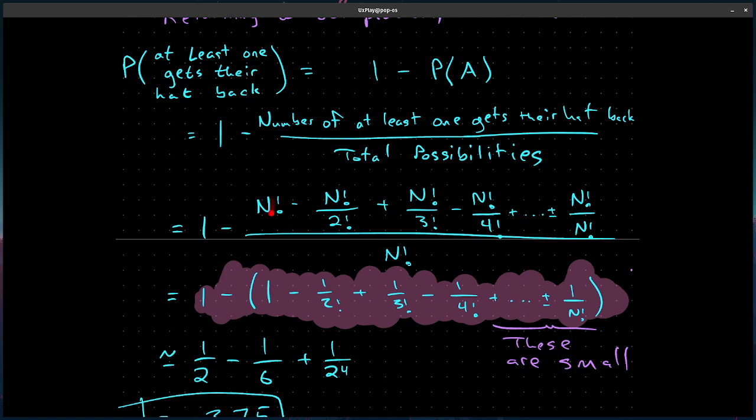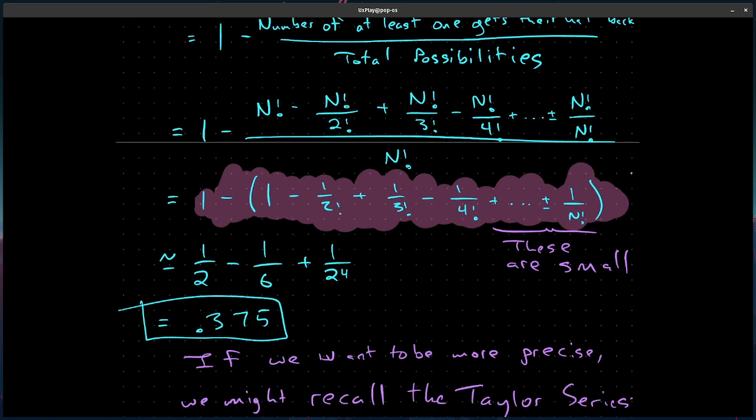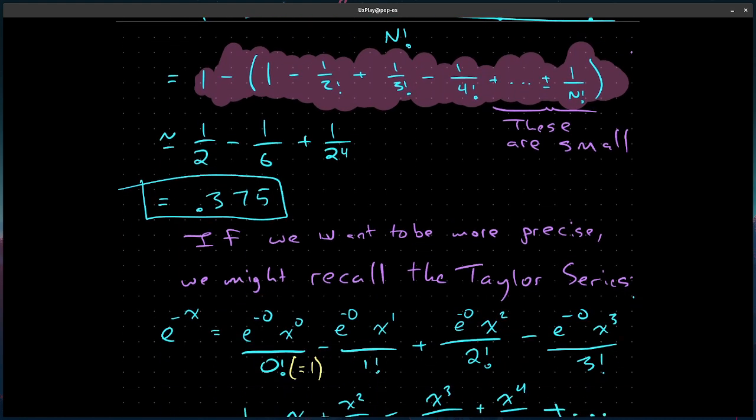We take this all over n factorial, and all of the n factorials in the numerator disappear. Then to compute the final probability, we can just take an estimate and say, take the first 3 terms here, and say that 1 over 2 plus 1 over 6 minus 1 over 24 is 0.375. So we can take an approximation when solving probability theory situations.